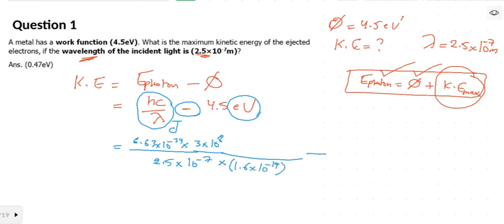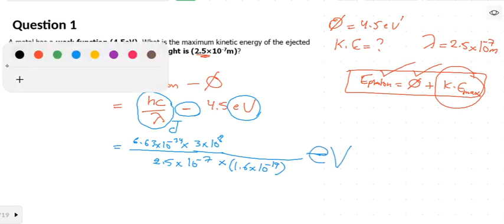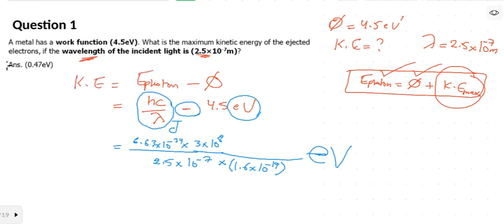So the answer will be here in electron volt. So what you see, when I divide by e, the whole thing divided by 1.6 times 10 power minus 19, I'm changing from joule to electron volt.